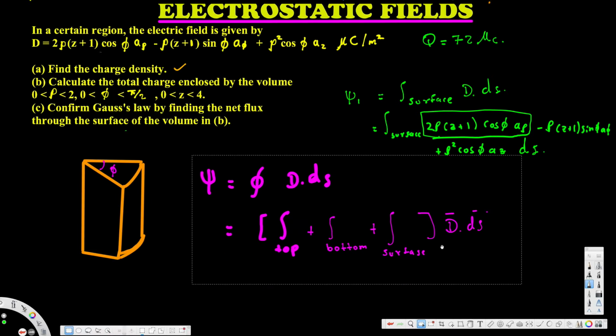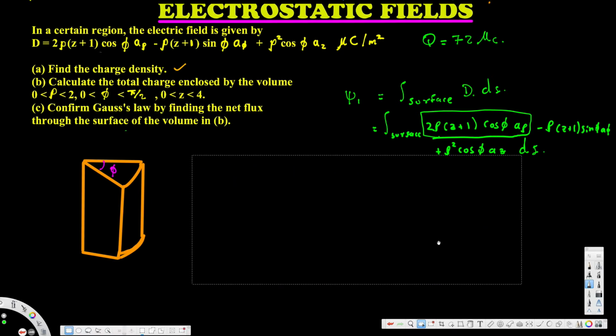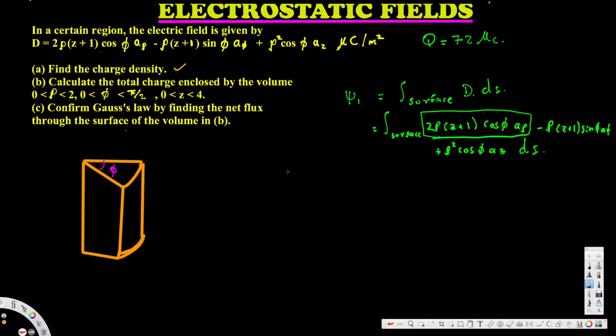Let's get rid of this one. Okay, so let's go ahead and do that. So here we are going to have psi 1 equal to the integral over surface 1 of 2 rho (z plus 1) cos phi rho d phi dz.